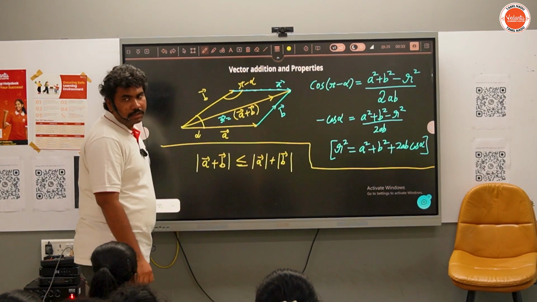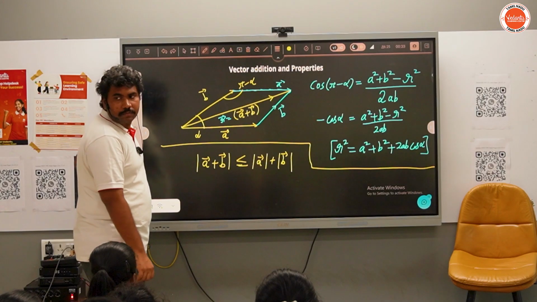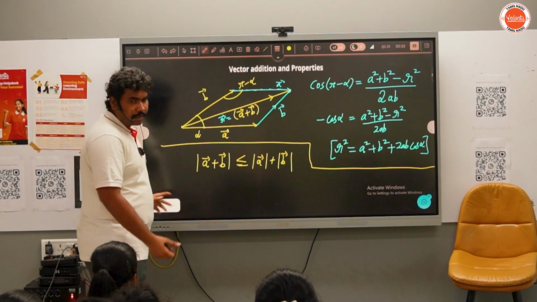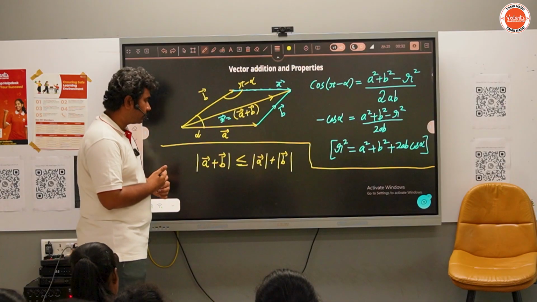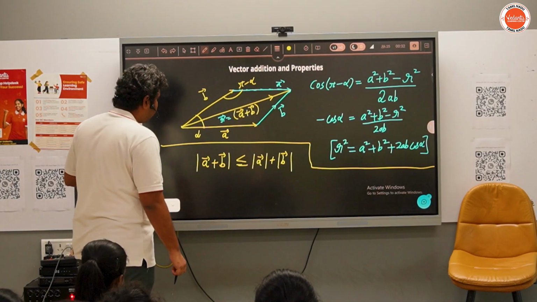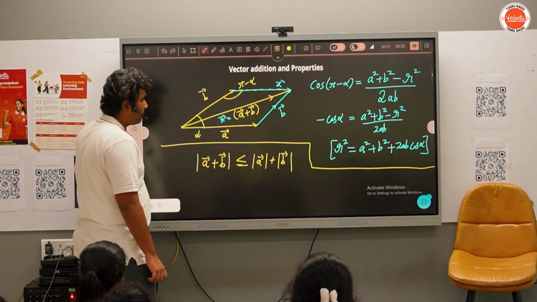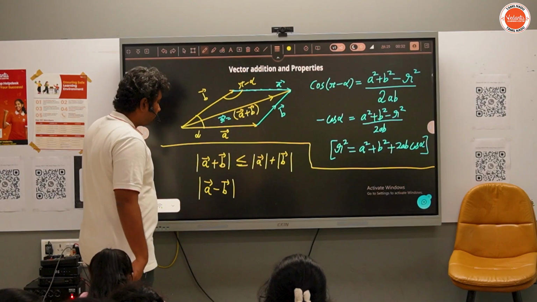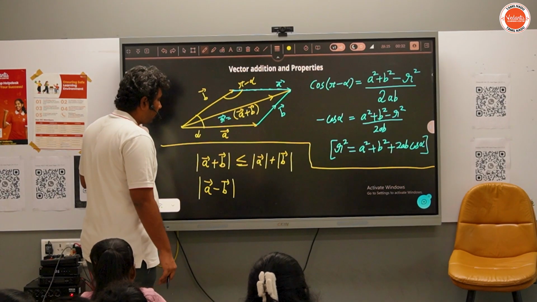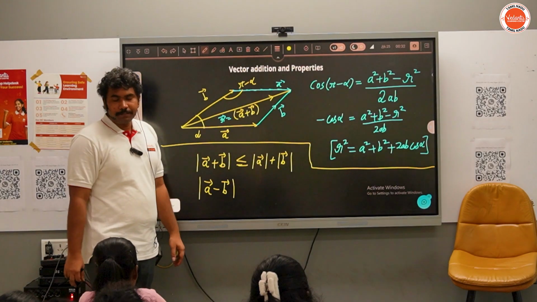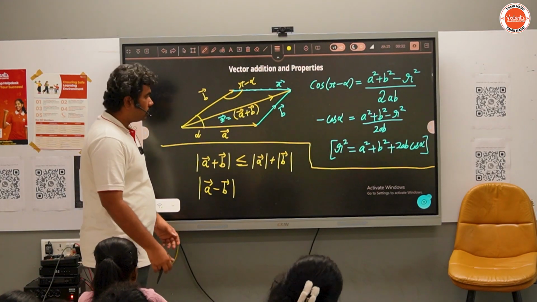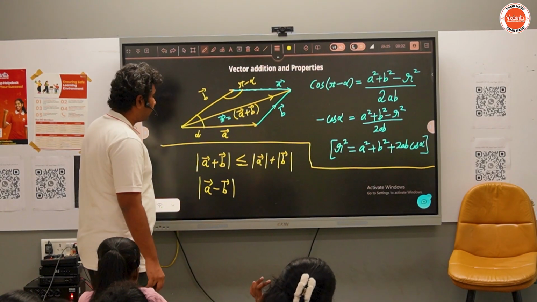This is a very important result, the triangle inequality. So what about modulus of a vector minus b vector? Any idea? What will be modulus of a vector minus b vector?